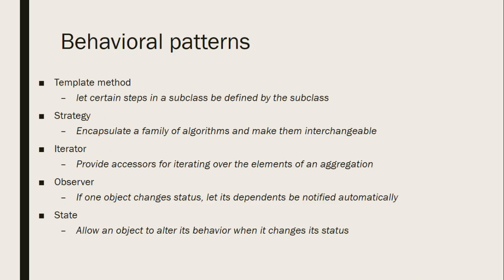Here we have the behavioral patterns. Template method lets certain steps be defined by the subclass itself. A strategy pattern encapsulates a family of algorithms and makes them interchangeable with each other.